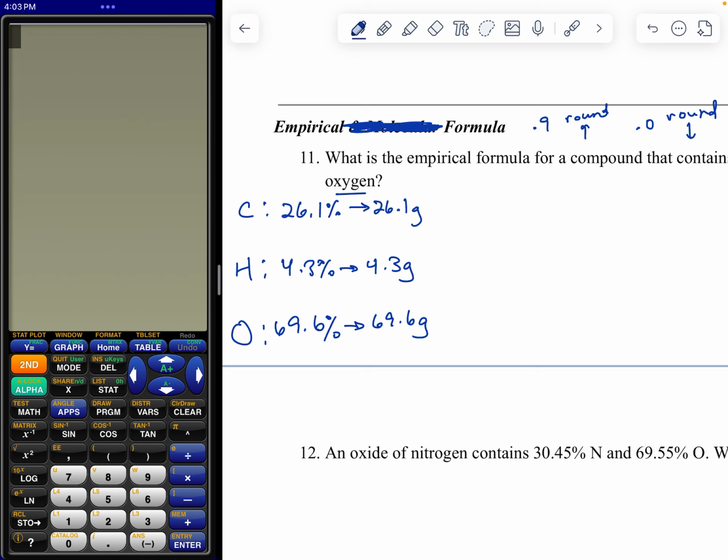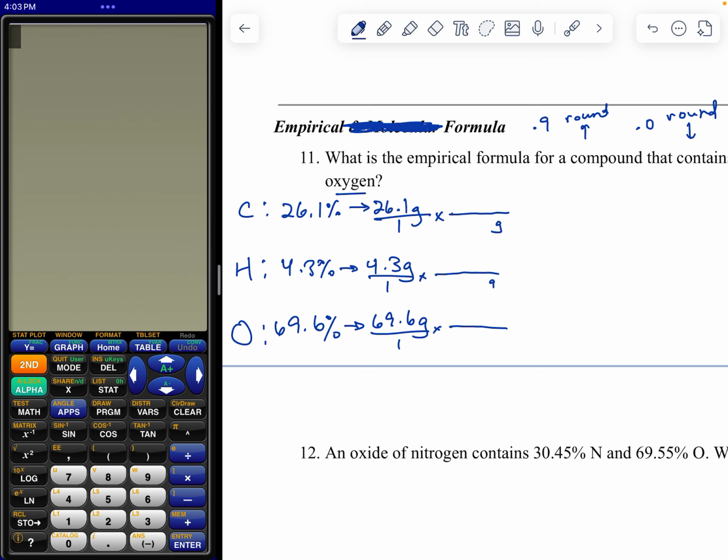Now, what we're going to do is convert these to moles because they're not gram to gram ratios, they're mole to mole ratios within the formula of a chemical compound. So we're going to take all of these over 1, just like we would any of our other conversions. And the conversion that we're going to use, of course, says we need to go from mass to mole, the molar mass for each of these elements.